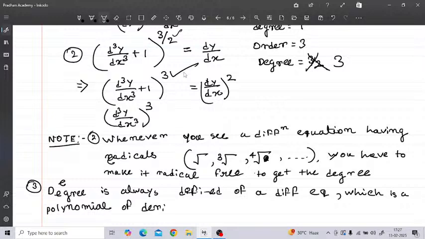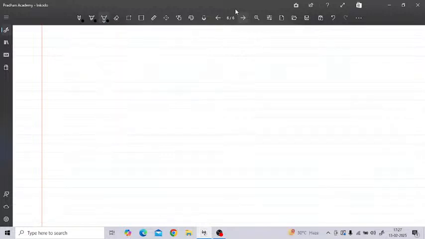Now what does it mean? We will discuss it by an example. Let's move to the next page.